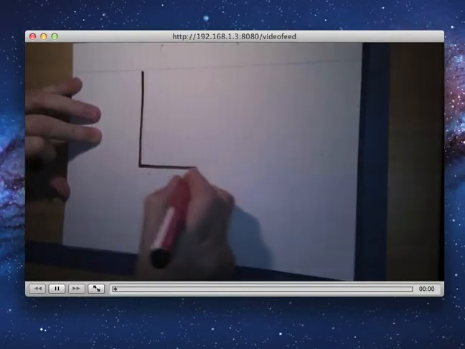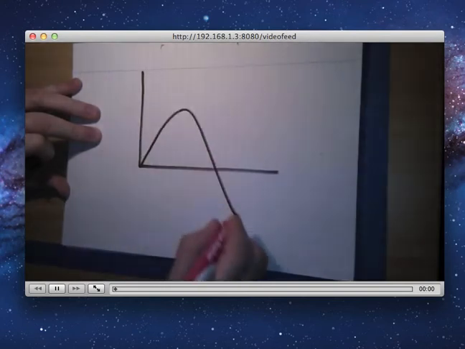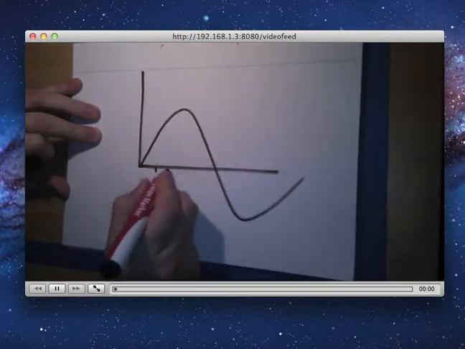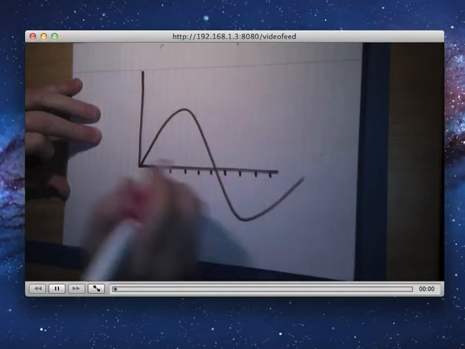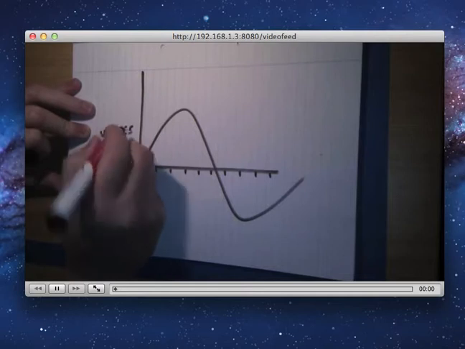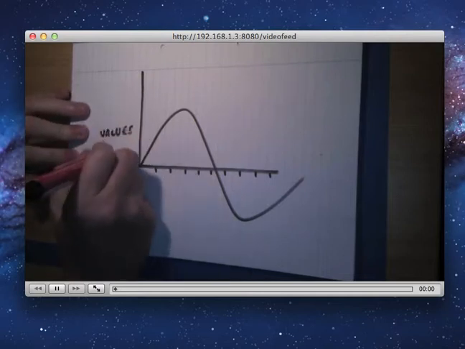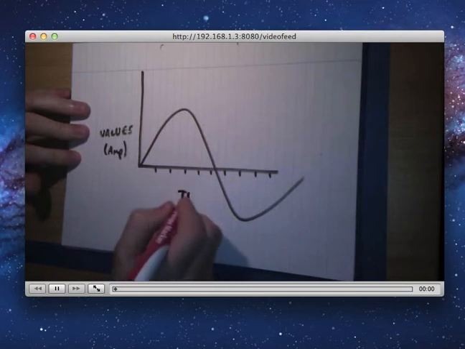Here is a wave, and here are some time intervals, and here are values, amplitude in this case. So this is time.